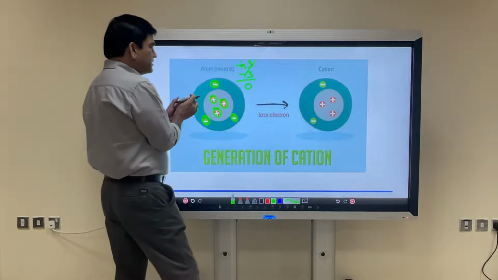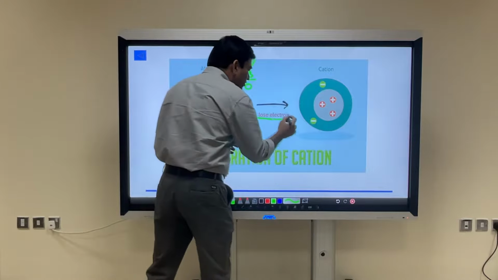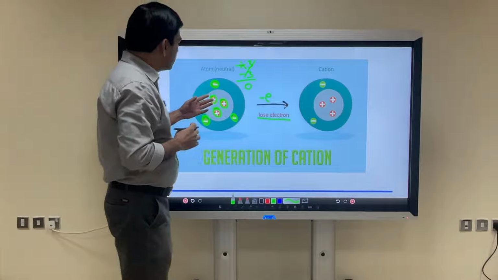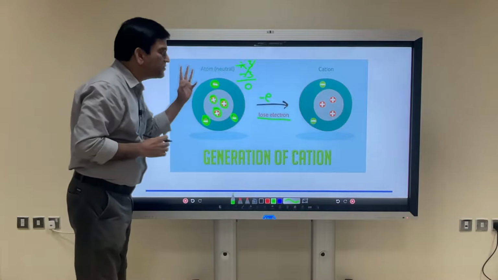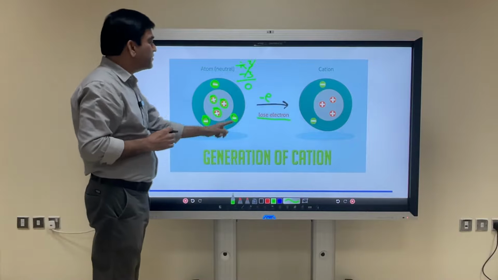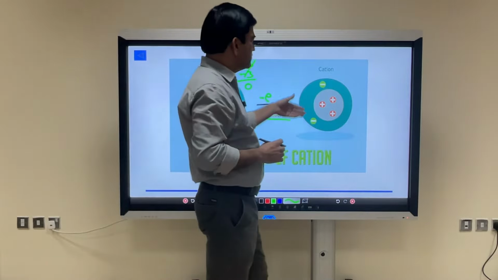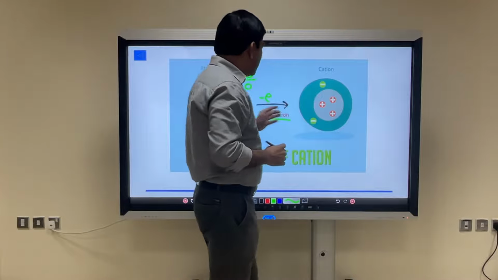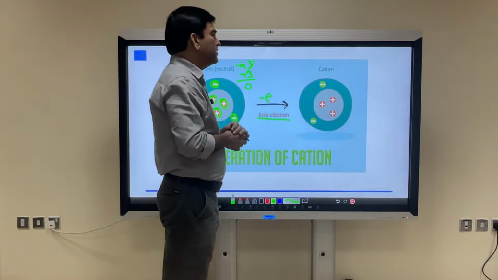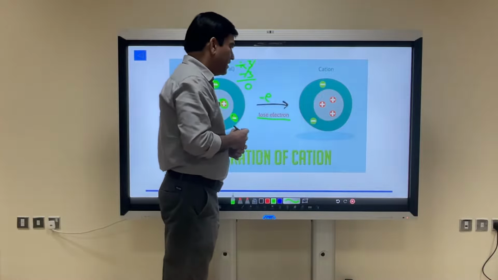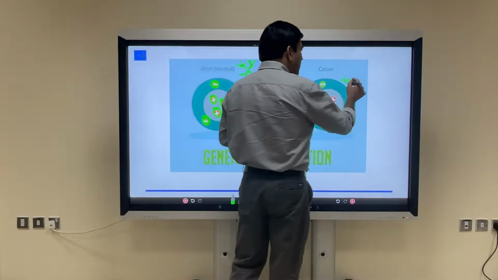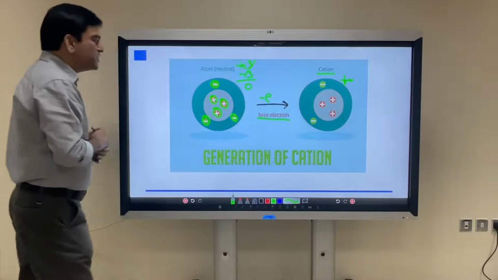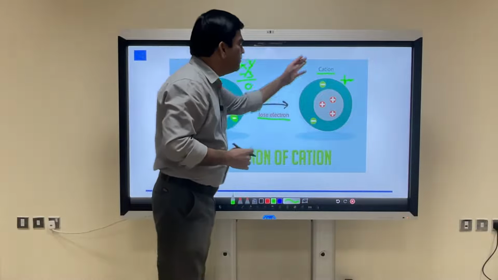Now, if this atom loses an electron, you can say -e, what happens? Before, it had 3 negative charges, or 3 electrons. Now it has 2 electrons, but still you have 3 positive charges. So when it loses an electron, it becomes an ion. Now it has a positive charge, and this is known as a cation.